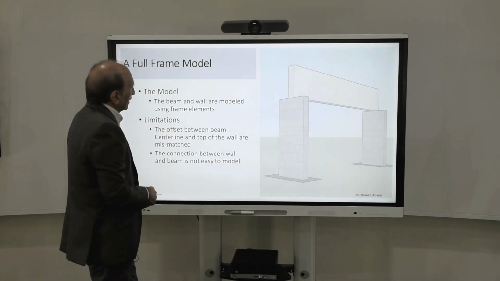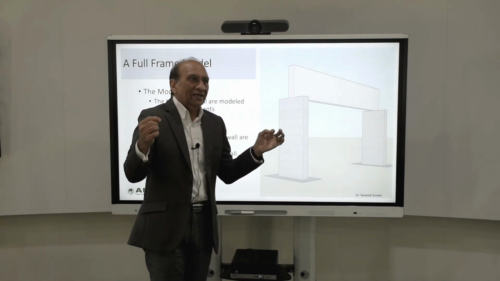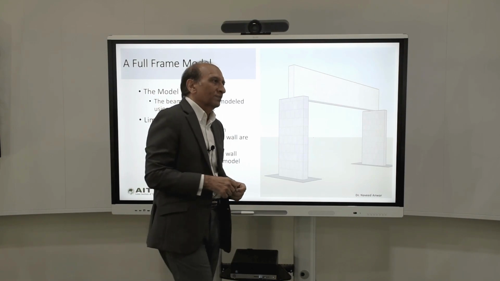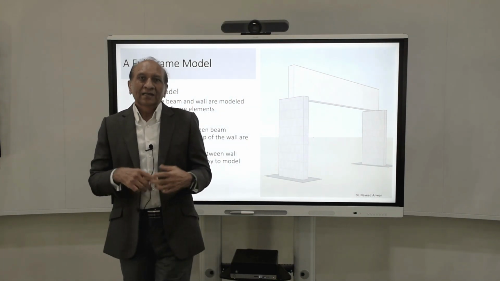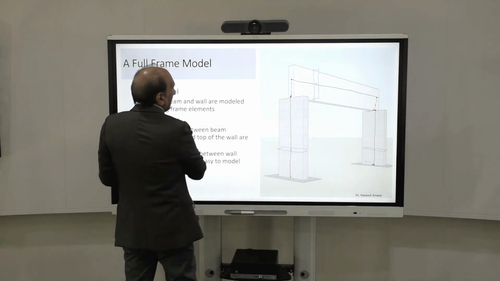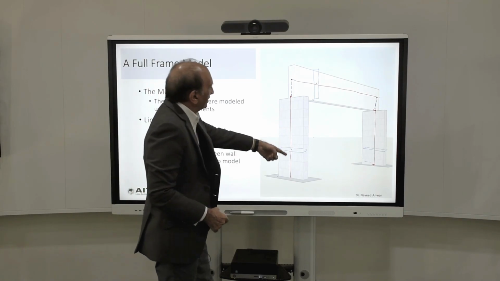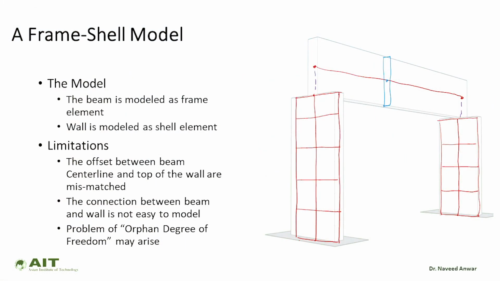Let's go further. Okay, let's say that we realize that a simple centerline beam on roller and pin support may not be sufficient. Then what options do we have? Let's say we go to a computer program, and we say, okay, I'm going to model that as a frame. So I'm going to represent the wall as a vertical column, and that wall also as a vertical column, and I'm going to represent the beam as a frame.